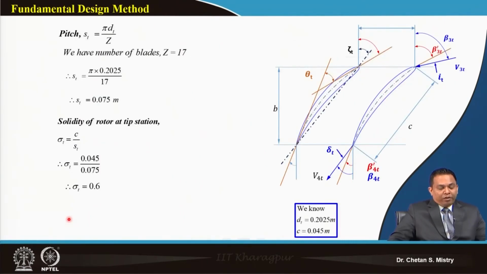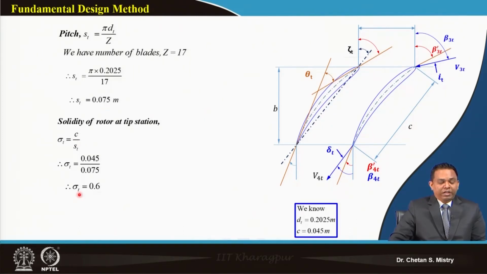Okay. Now, in order to do the calculation for the pitch, my pitch is given by pi d divided by z. The number of blades we have selected is 17. So that gives me my pitch, which is coming 0.075. Okay.